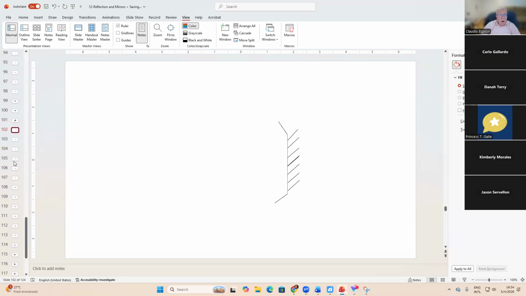Now the object is going to fall right in here at the focal point, right here, the focal point. That's an interesting case as well. We have 15 more minutes to go.